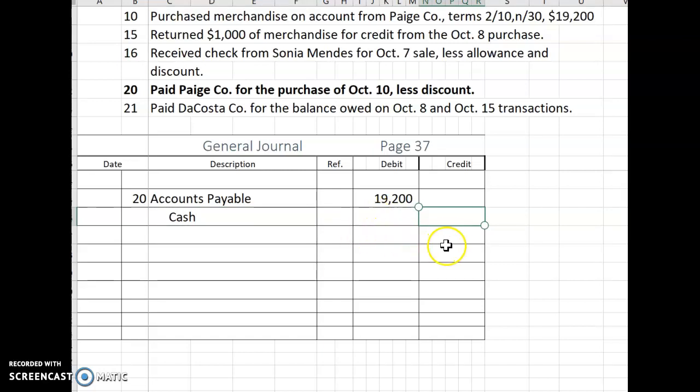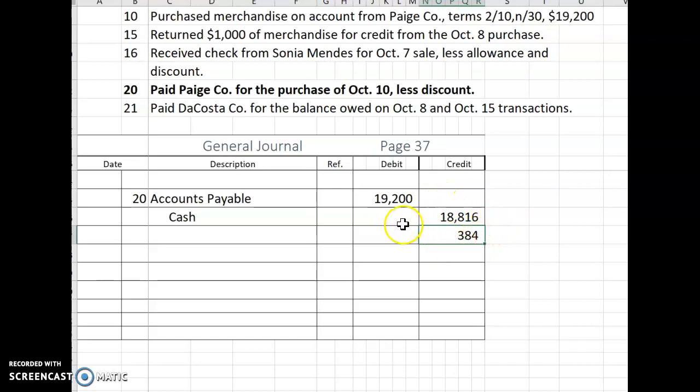We're going to be able to take a discount equal to 2% of that $19,200. So $384 is going to be the discount. So the amount we have to pay is $19,200 minus the $384. We're going to pay $18,816.